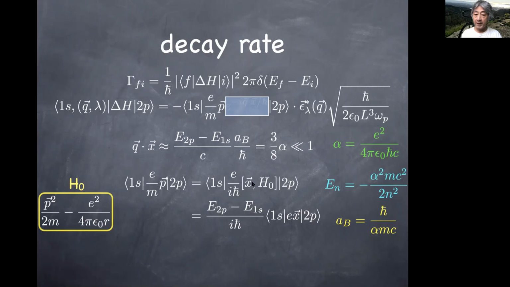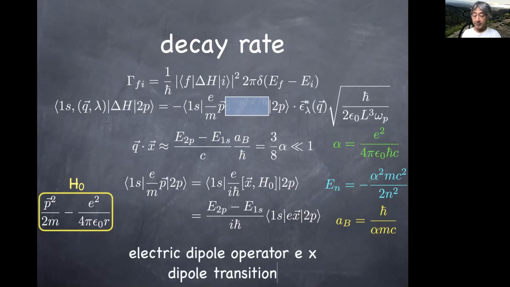So the end result is that this commutator gives the energy difference over i h bar, with ex remaining inside this matrix element. And x, as you remember, is the position of the electron relative to the position of the nucleus, the proton in the case of hydrogen. So this is the vector that stretches from positive charge to negative charge, namely, this is nothing but the electric dipole moment operator. To be correct, there should be a minus sign here, but nonetheless, this is the electric dipole operator.